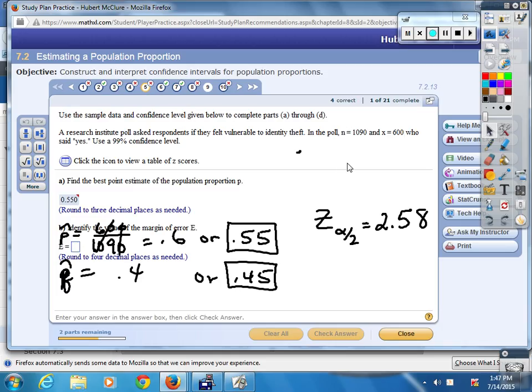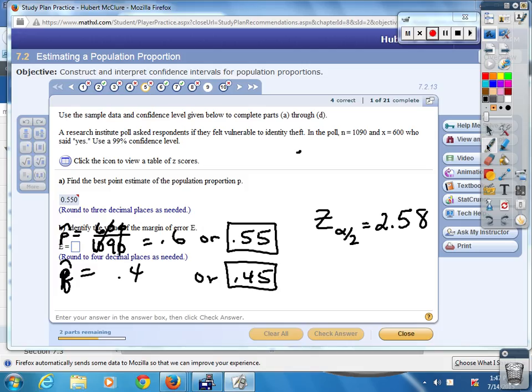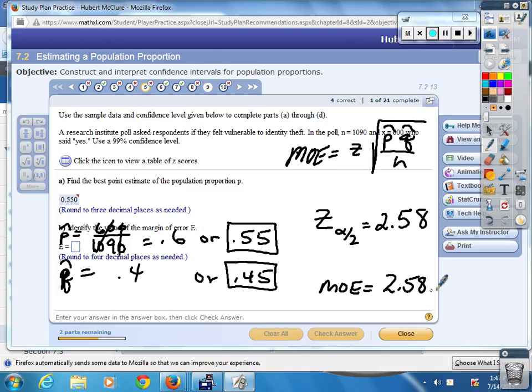Now the margin of error. Now what is the margin of error? Well, MOE is equal to the Z-score multiplied by the square root of P hat Q hat over N. So that's going to be MOE is equal to 2.58 times the square root of 0.55 times 0.45 all over, I have no idea, 1,000 something, 1090.